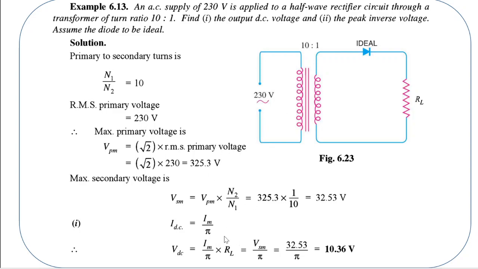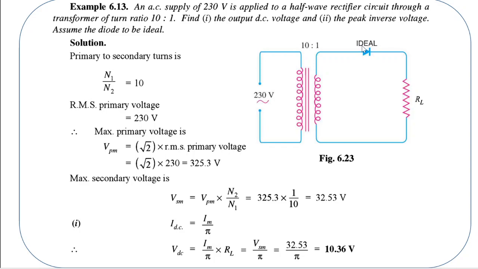Now as we have derived earlier, IDC equal to Im divided by pi. So once you know the DC current, you can calculate the corresponding DC voltage by multiplying current with the resistance. So VDC equal to Im by pi into RL. And what is Im into RL? One thing you have to remember, we are asked to assume that the diode is ideal. Ideal diode means its internal resistance is 0.